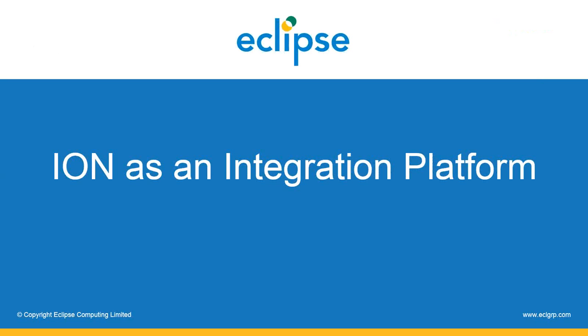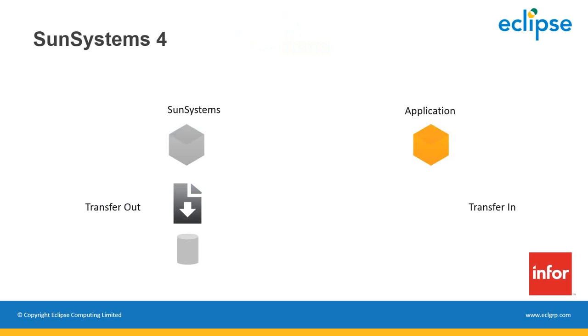Okay, so just in a little bit more detail, let's have a look at how we could use ION as an integration platform. We'll just talk about ION as an integration platform in relation to SunSystems. If we roll back several years, 10, 15, maybe even 20 years, and look at the evolution of being able to integrate SunSystems with different things.